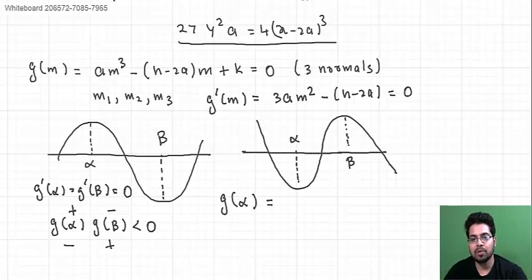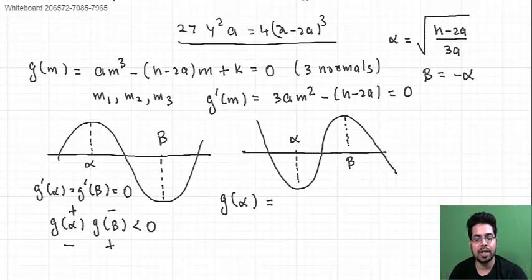So from here I am going to get the value of alpha as root under h minus 2a by 3a, and the value of beta is going to be negative of this, so beta would be minus alpha. So g of alpha into g of beta is less than 0. So ultimately g of alpha into, instead of beta I will write minus alpha, g of minus alpha is going to be less than 0.